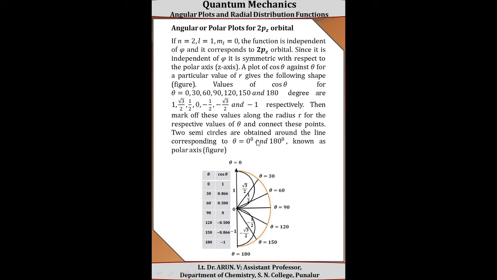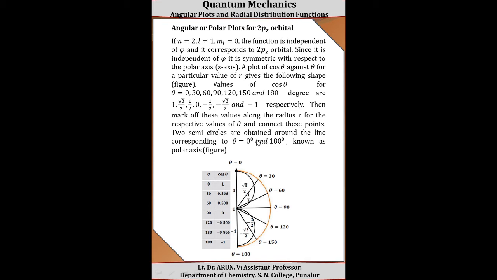shape. That is, if we put the different values of theta as 0, 30, 60, 90, 120, 150 and 180 degree, we get the cos theta values as 1, root 3 by 2, 1 by 2, 0, minus 1 by 2, minus root 3 by 2 and minus 1 respectively.